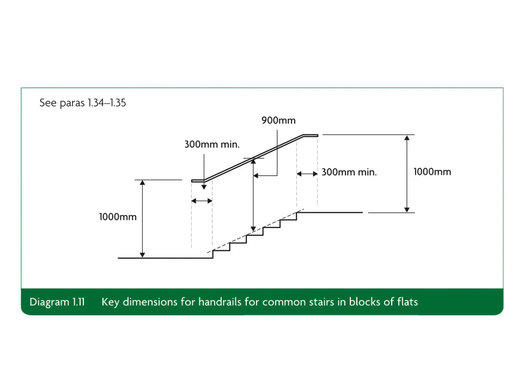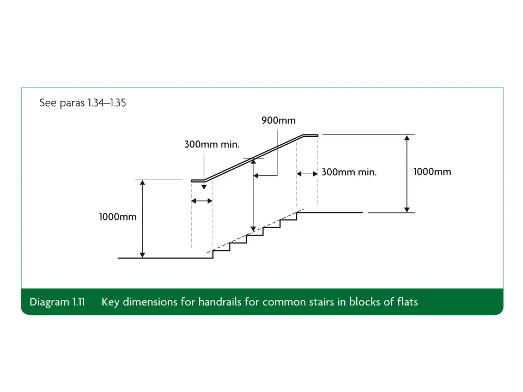It's quite important that these are maintained. It means that people can steady themselves before they go down or embark on going up the staircase. It's quite a useful little check.